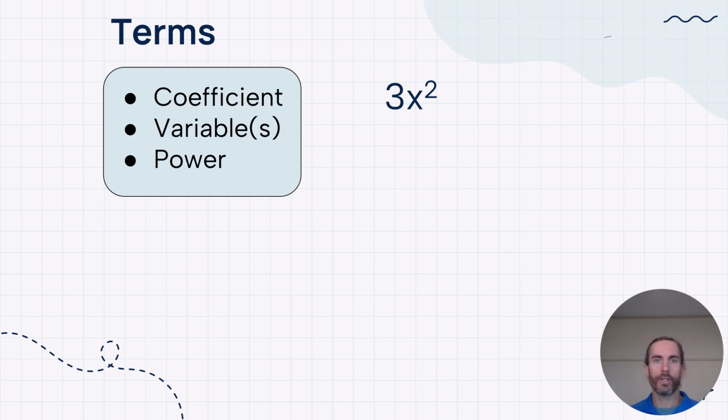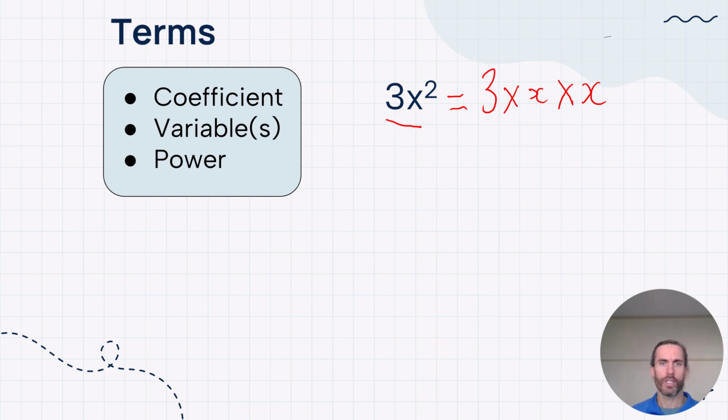Now, in algebra, you often see numbers and letters together, just like we have here. And when you see this, this automatically means that multiplication is going on. So this is the same as 3 times x times x.